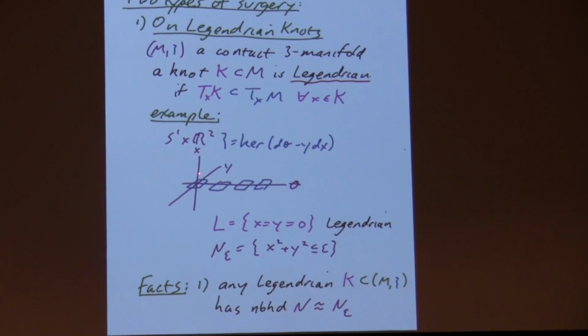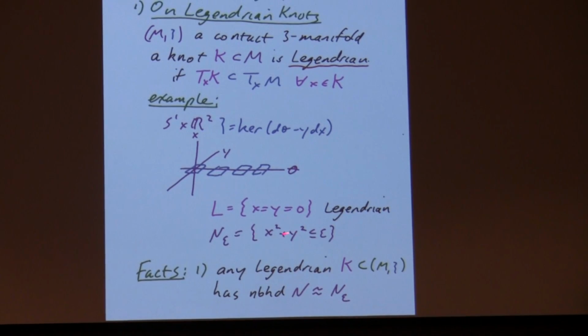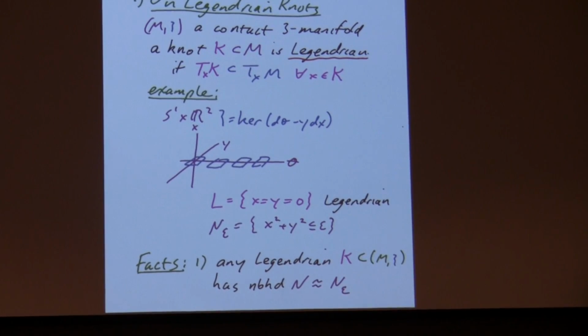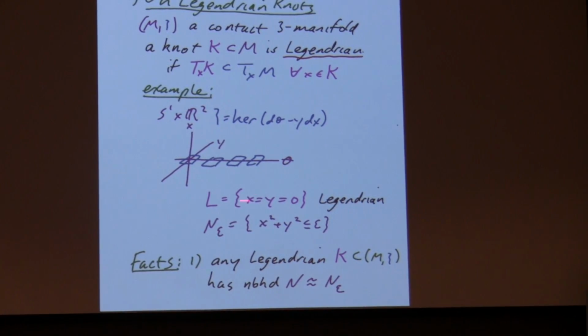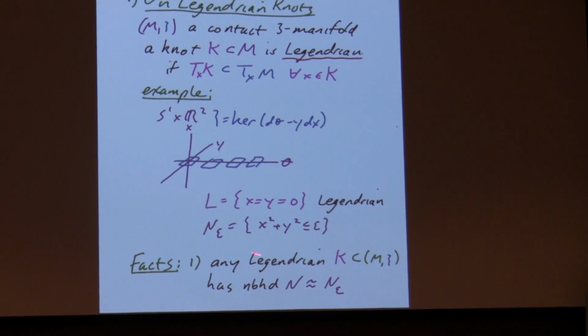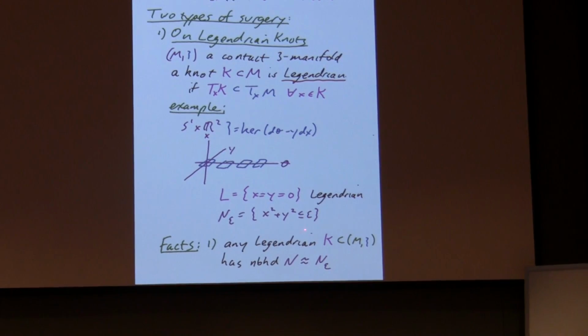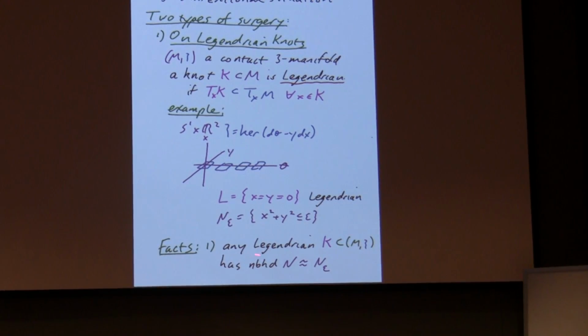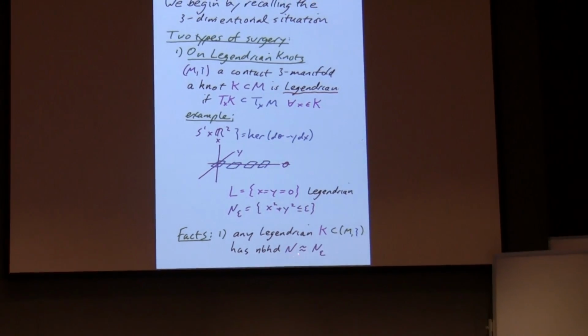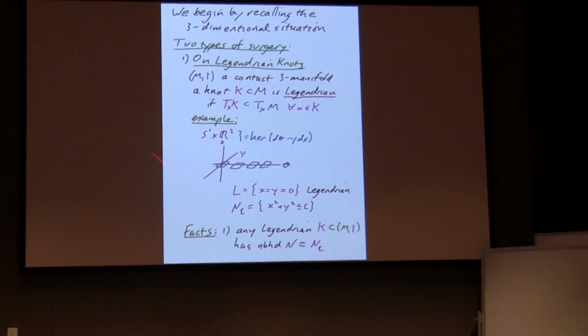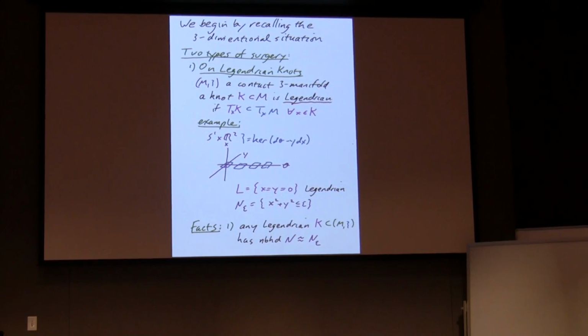Clearly, in this model, the theta axis is a Legendrian knot, and we can look at a little standard neighborhood of the theta axis. There's a very simple fact that any Legendrian has a neighborhood contactomorphic to N_epsilon for some epsilon. And there's another nice little fact.